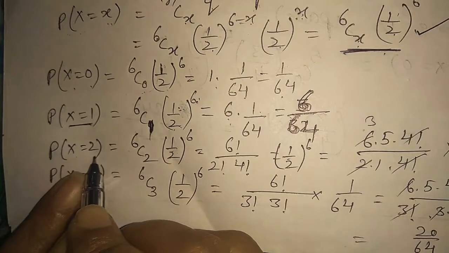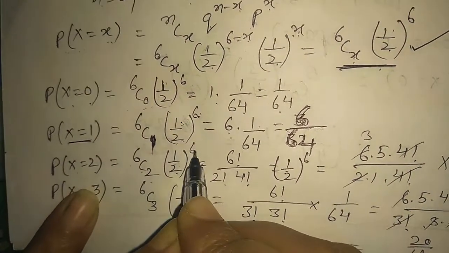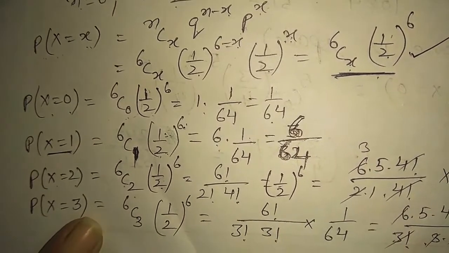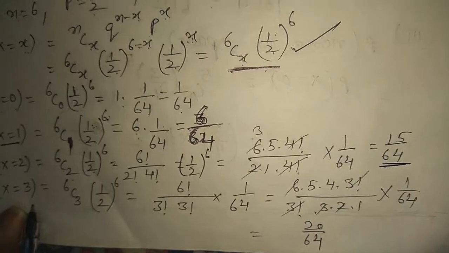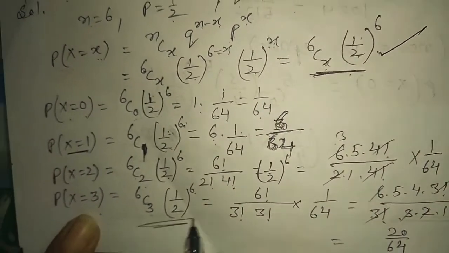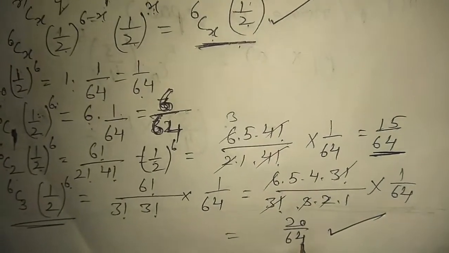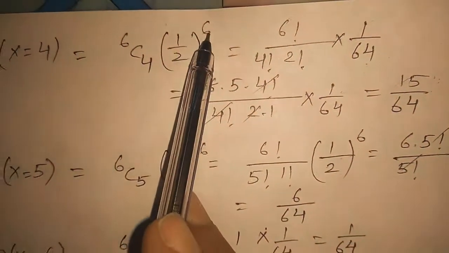Now P(x) for x equal to 2: 6C2 (1 by 2) raised to power 6. After solving we get 15 upon 64. If x is equal to 3, then 6C3 (1 by 2) raised to power 6. After solving we get 20 upon 64. Now x is equal to 4: 6C4 (1 by 2) raised to power 6.